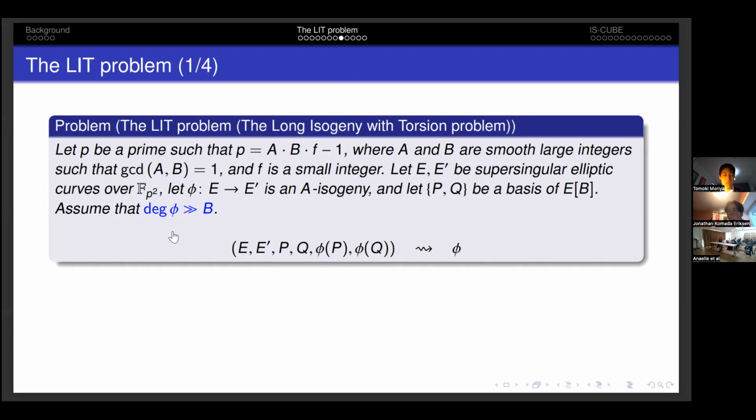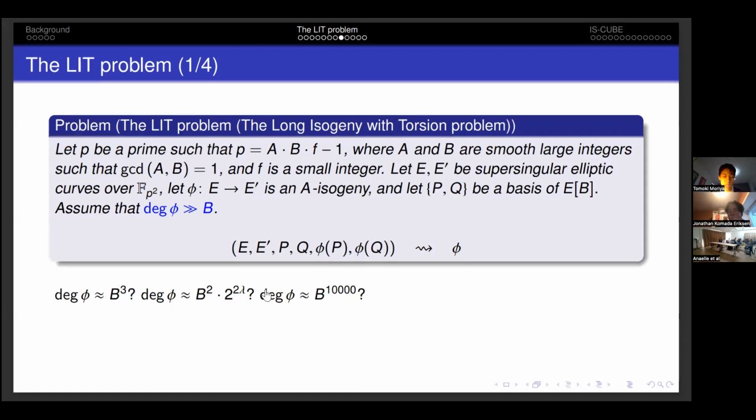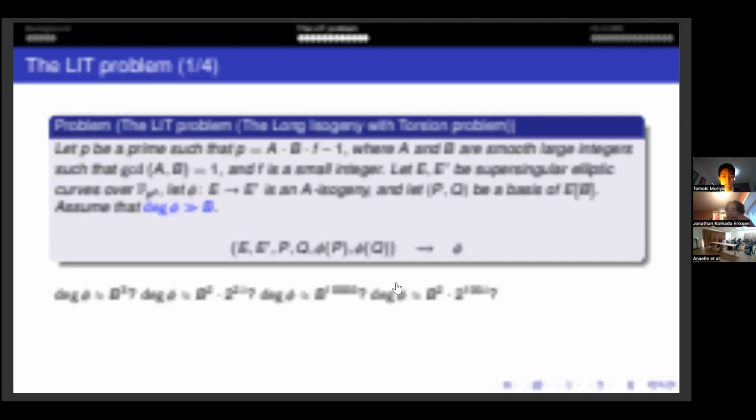However, there's a question of when this problem is hard to solve, because this statement does not say anything about the relation between the degree of phi and B. So there is the possibility, for example, that the degree of phi is almost the same as B cubed, or the degree of phi is almost the same as B squared times 2 to the lambda, or even larger.